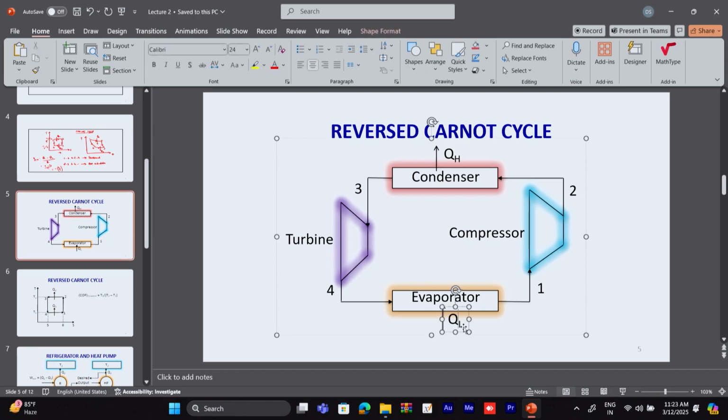QL is nothing but Q1, and QH is nothing but Q2. This is a small typographical error.